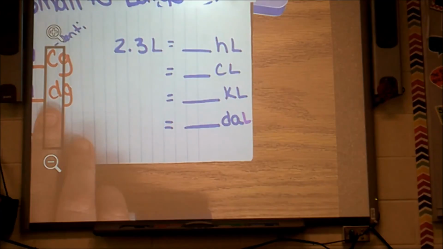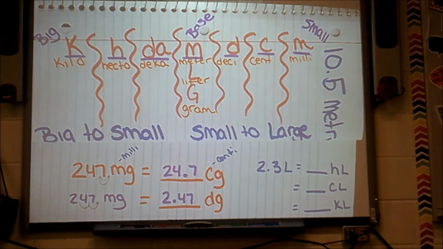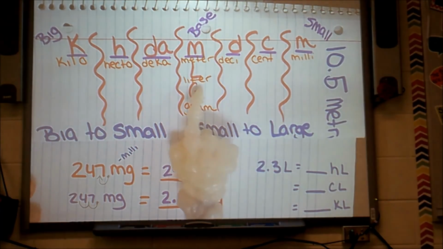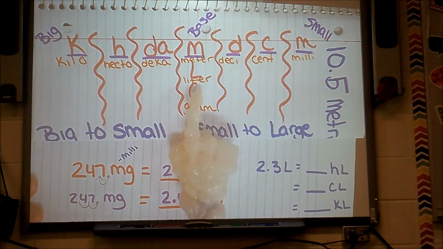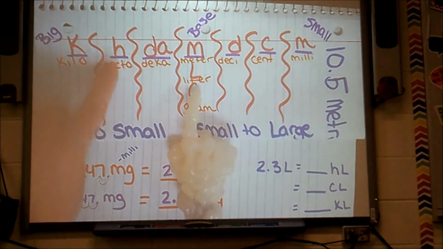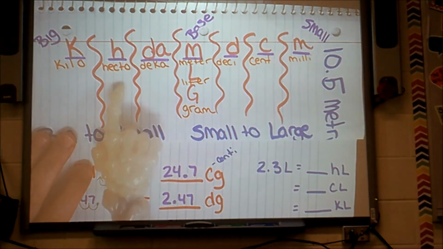So just as I did on our last problem, I'm going to put my finger on the liter because that's what I'm starting with. So I'm on my liter. And I want to change my liter into hectoliter. So I'm going to count the number of place value jumps until I get to my hectoliter. 1, 2.